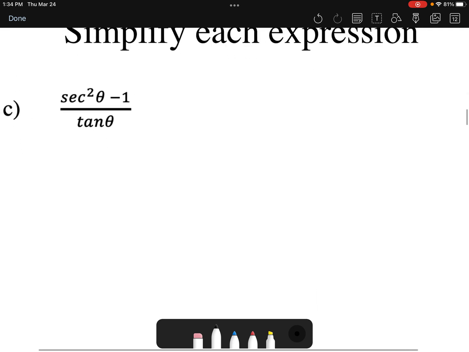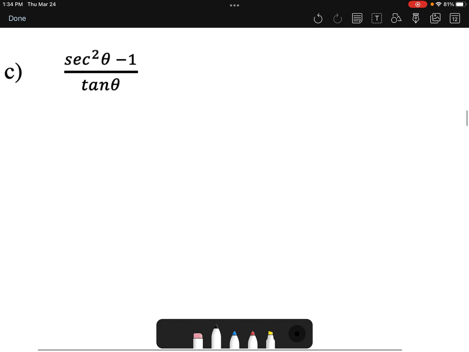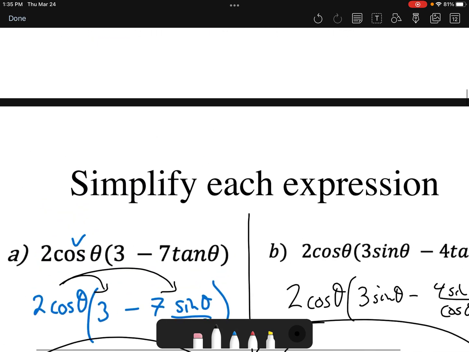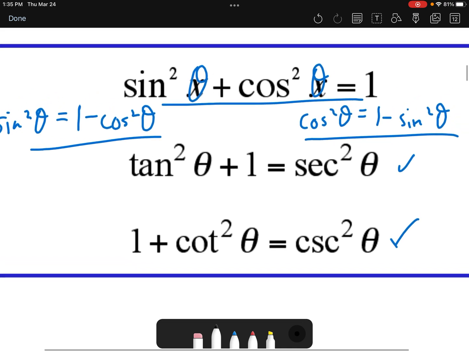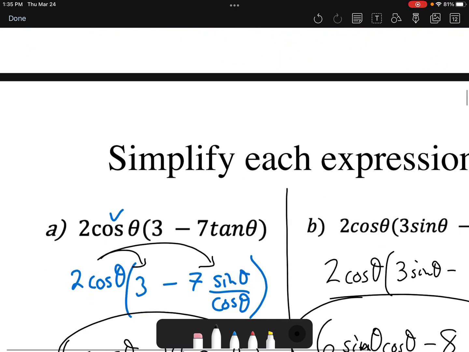Now, we get into a little more difficult realm when we look at these types of problems. Secant squared theta minus 1. Well, this is a good time to look back at secant squared theta. If you look at your sheet, that equals tangent squared theta plus 1.